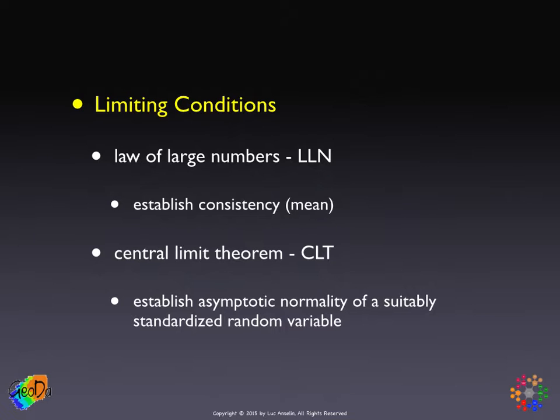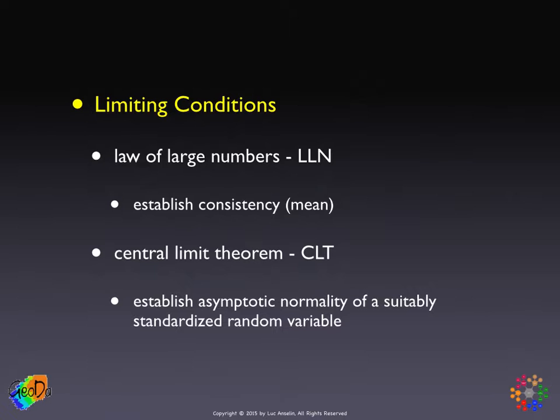Now, it's a little bit counterintuitive because asymptotically, in the limit, there is no normality whatsoever. In the limit, the estimator is a constant, so it has no distribution. So this is really about the randomness of that estimator around the true parameter value as we move towards the limit, and that is captured in a central limit theorem.